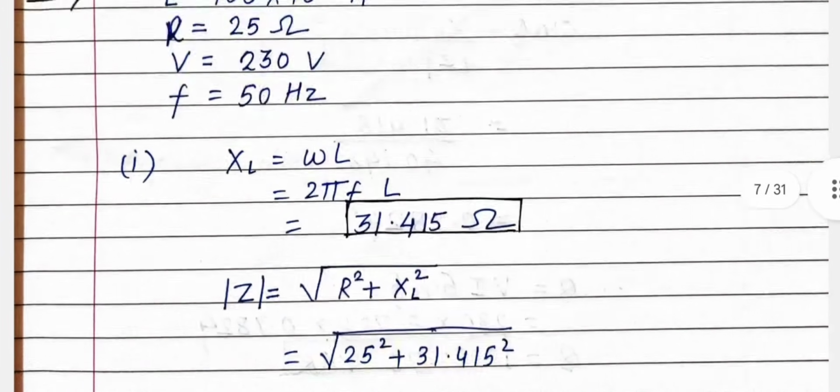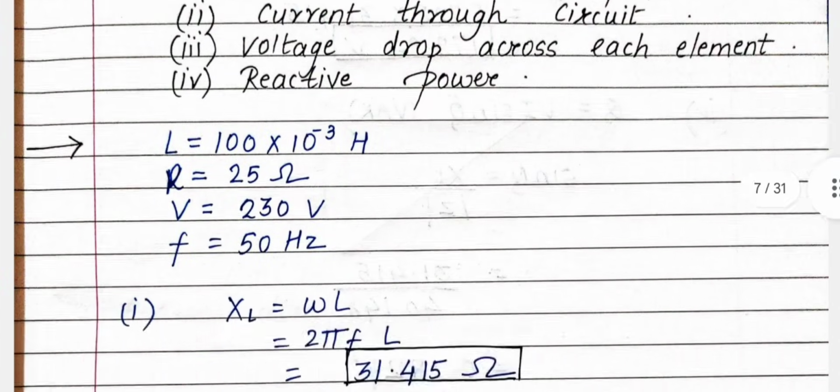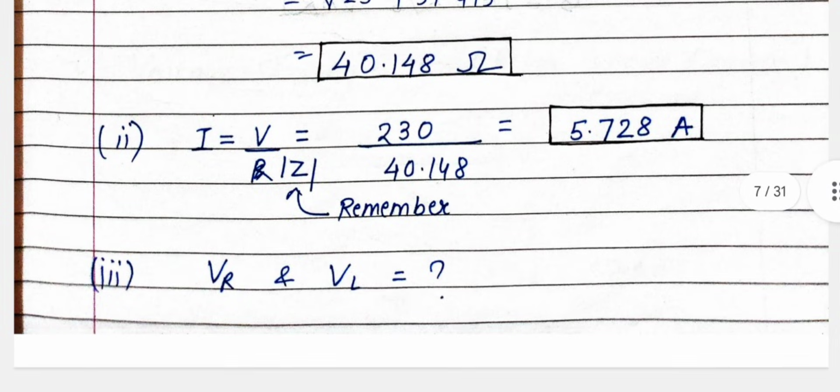Then the second is current through the circuit. Here I again point out a mistake which students make. I is equal to V by R, from V is equal to IR, Ohm's law. We all know that basic formula, but we forget that we are working with an RL circuit. So here we will not use only resistance.